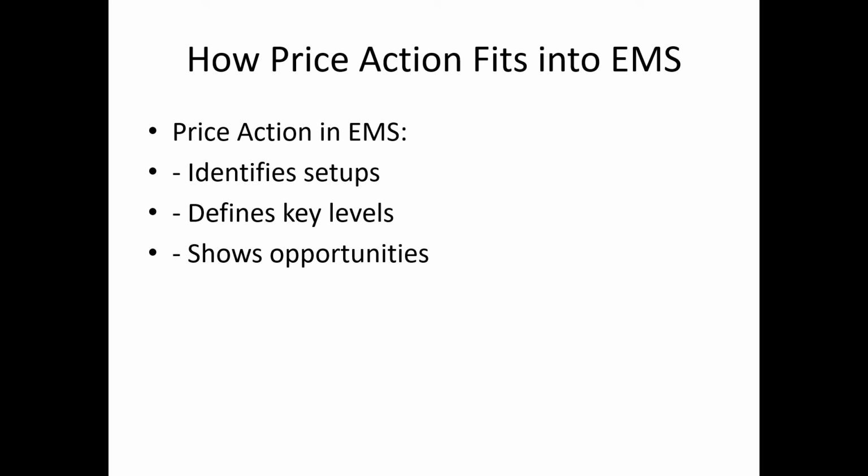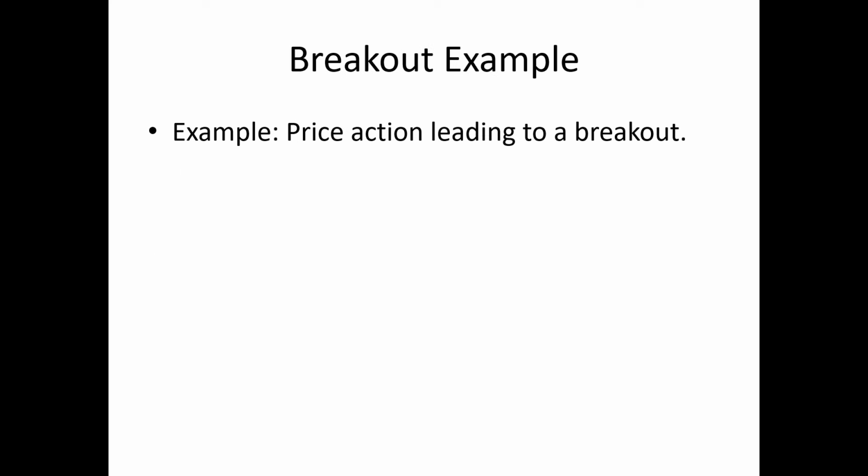It reacts every time. It's either going to break out and see a big move, or it's going to reject. Understanding how price behaves gives us a huge advantage, and it allows us to take advantage of those trading opportunities. So let's do an example of price action leading to a breakout.